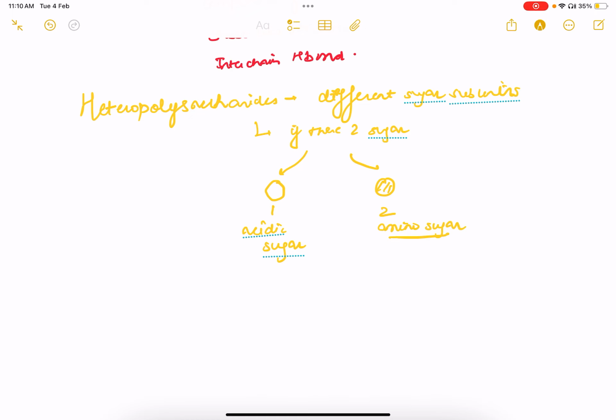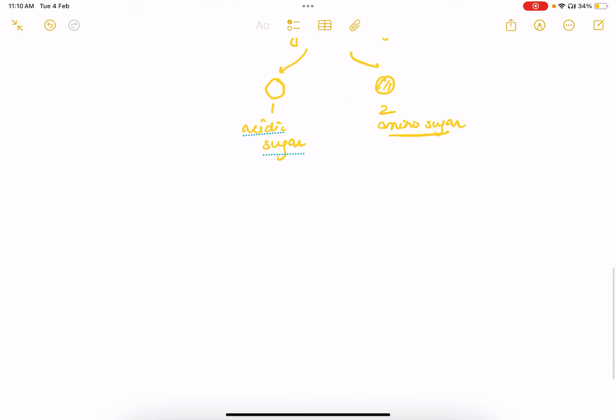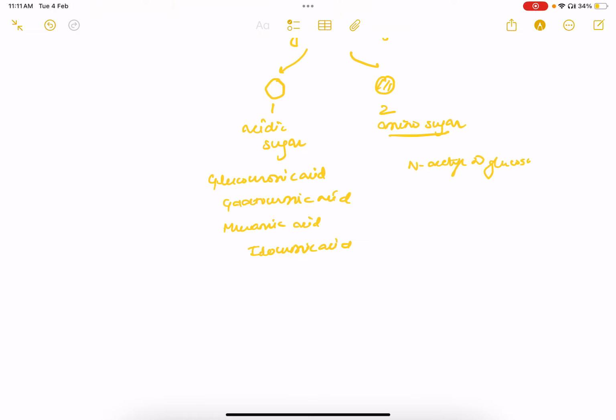What are examples of acidic sugars? Like glucuronic acid, galacturonic acid, muramic acid, iduronic acid. If it is an amino sugar, then it can be N-acetyl D-glucosamine or N-acetyl D-galactosamine.